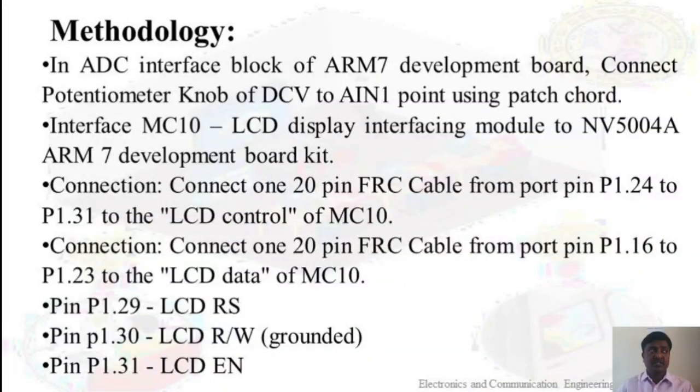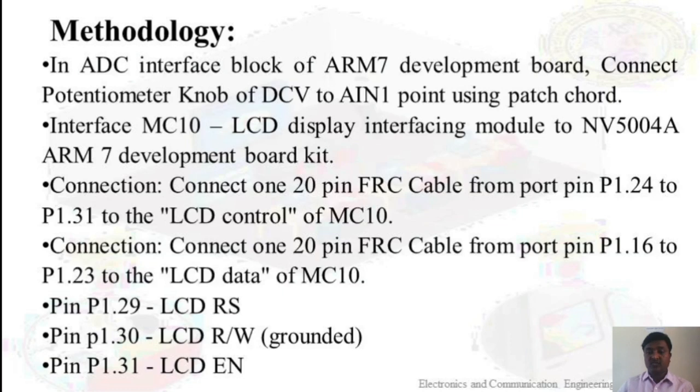The methodology used for this: in the ADC interface block of the ARM7 development board, connect the potentiometer knob of DCV to AIN 1 point using a patch cord. Interface the MC10 LCD display interfacing module to the NV5004A ARM7 development board kit.